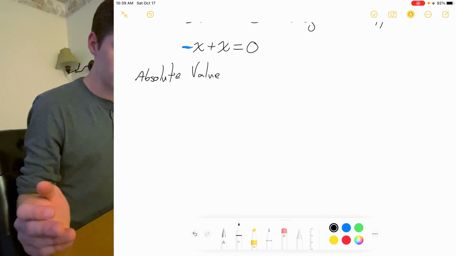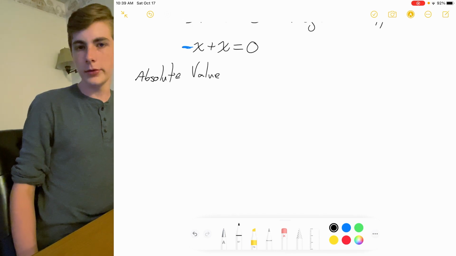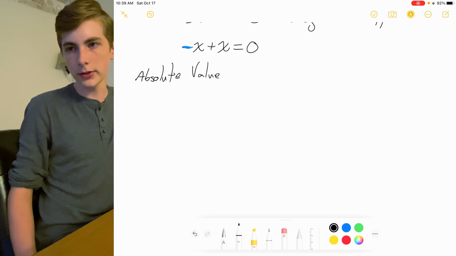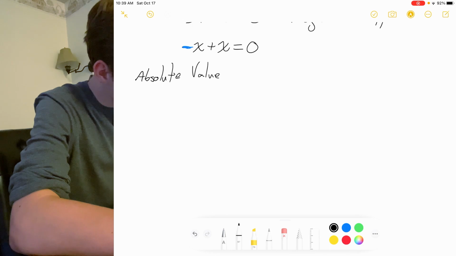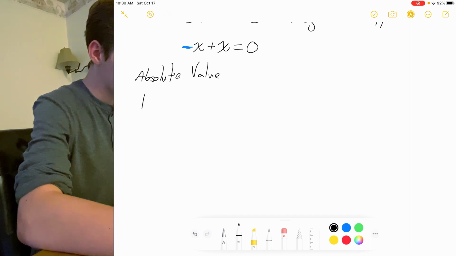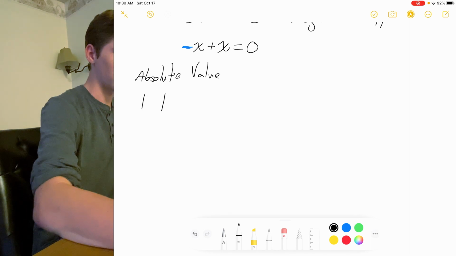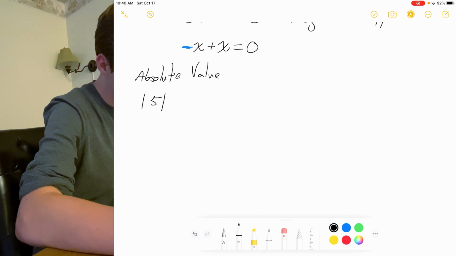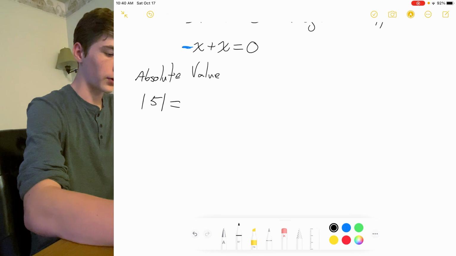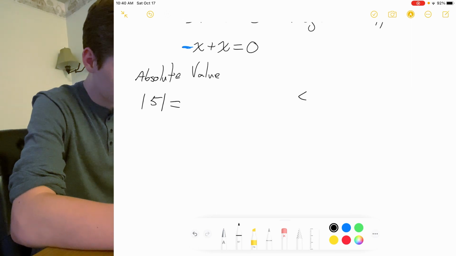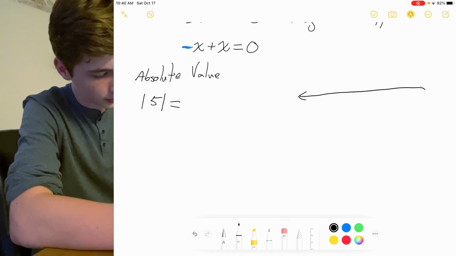And so what this turns out to mean is that absolute value is always going to be positive. For example, we write absolute value using these lines around a number. So the absolute value of 5, basically what we're asking is how far is 5 away from 0 on the number line, right?